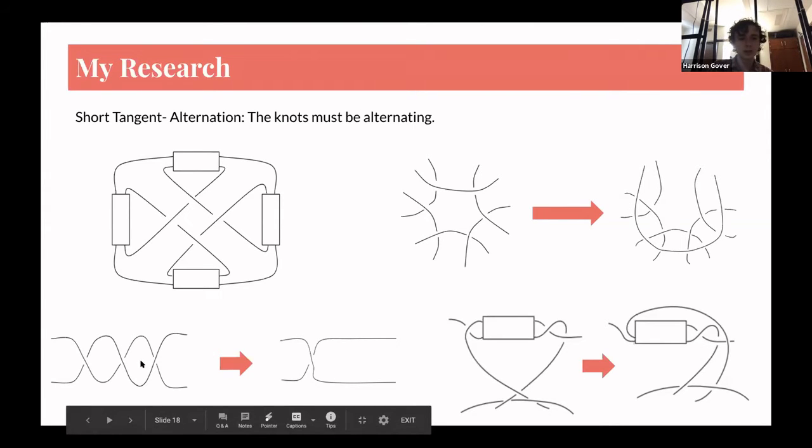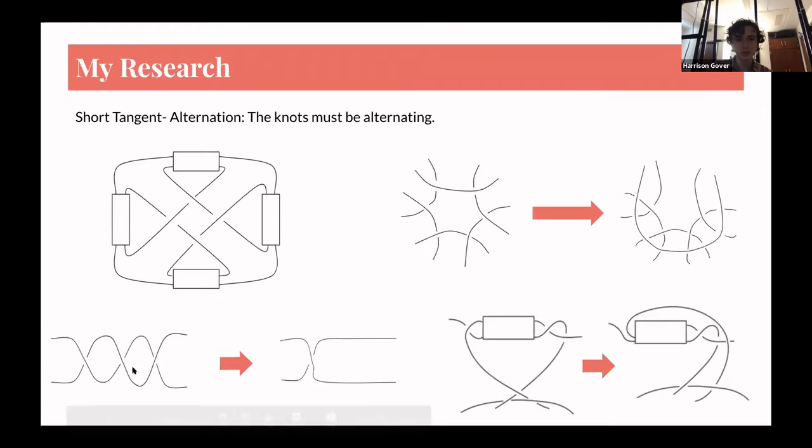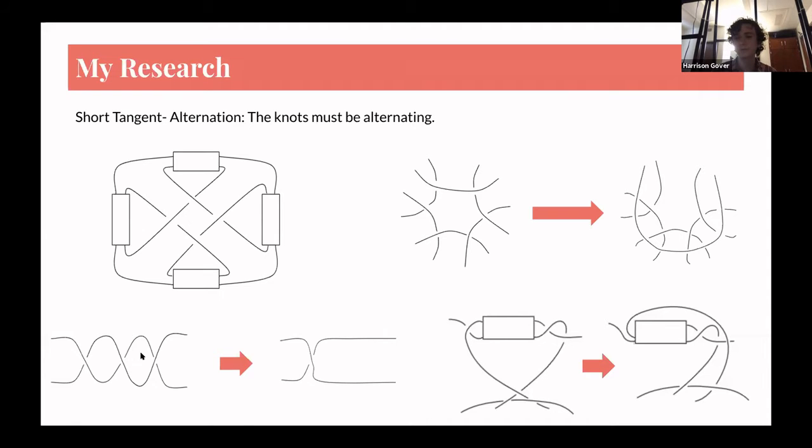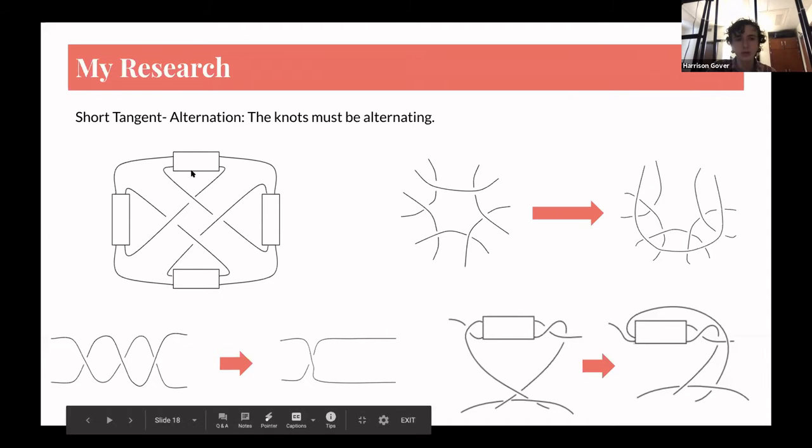We can also see that the outside has to be alternating as well, because if it's not, such as in this example, we can take the top and the bottom in this segment right here and pull it out so that it creates an alternating knot. And finally, the crossings on the outside have to be alternating to the crossings on the inside based on this diagram here, which shows that if it is not alternating, then you can pull it aside and make it alternate.